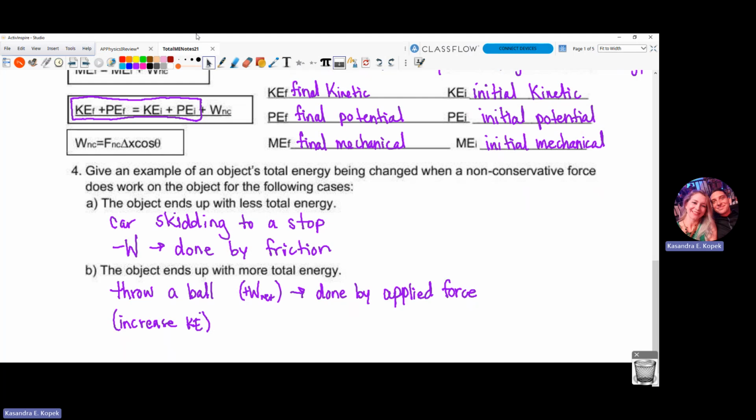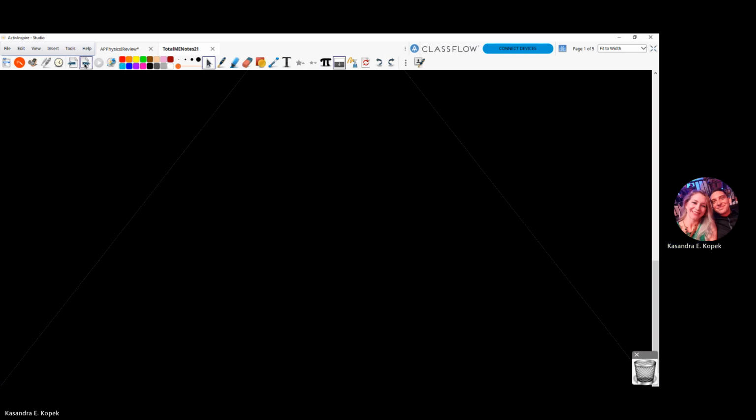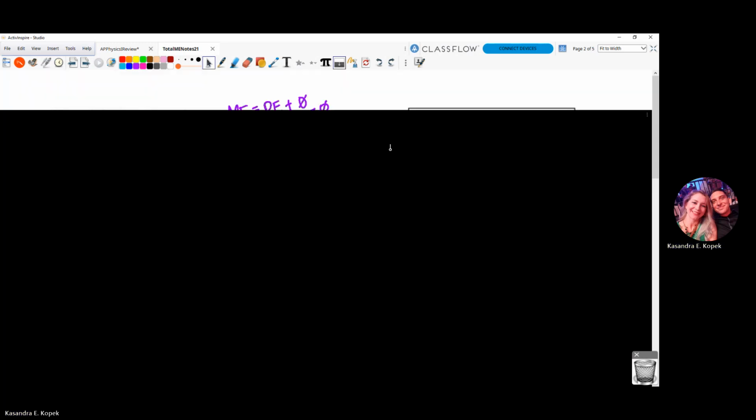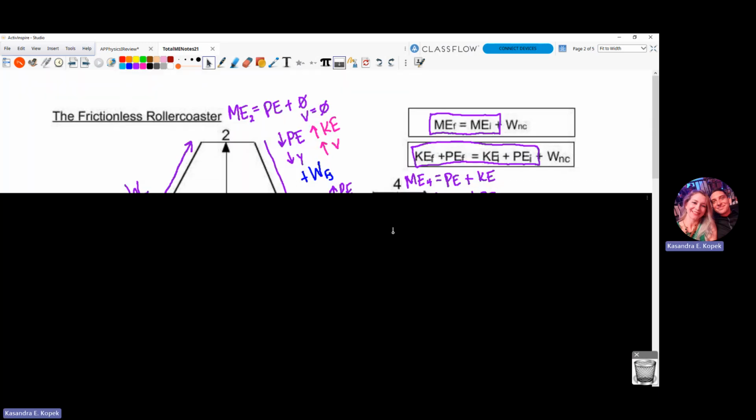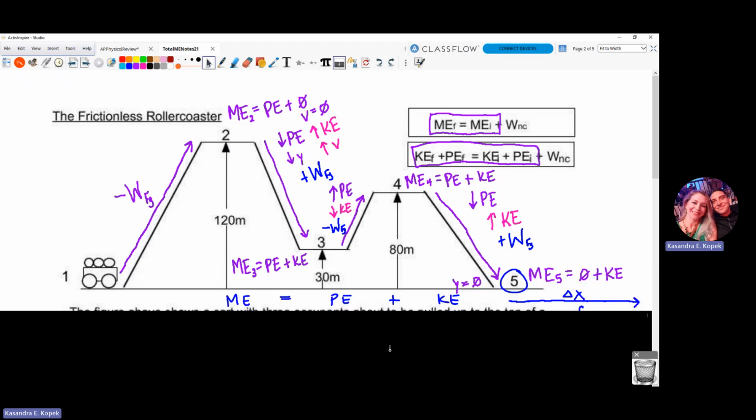The next thing we're going to do is talk about a roller coaster situation. So I'm going to talk about a frictionless roller coaster, and I want you to go along with me. Please pay attention to what's going on with the energies without numbers first.